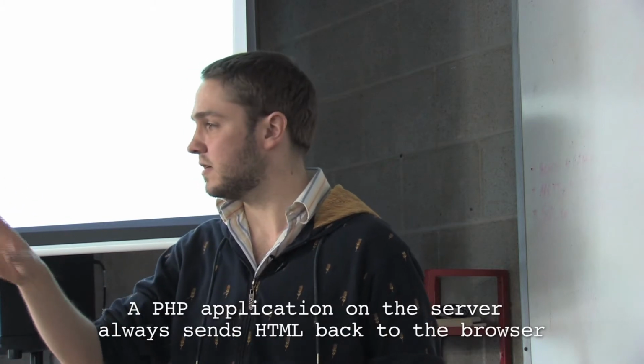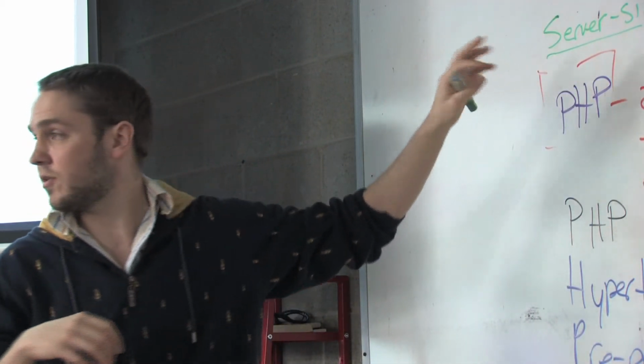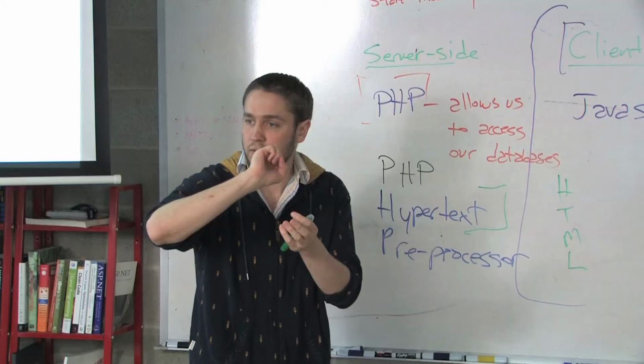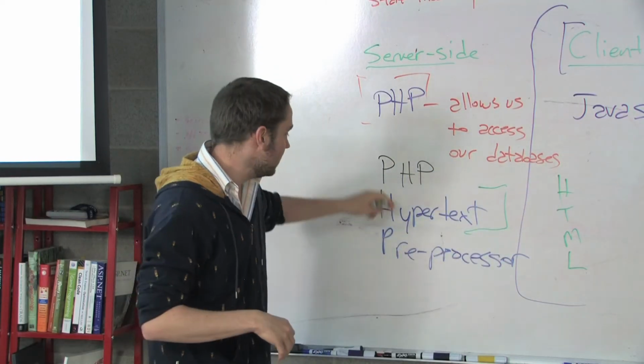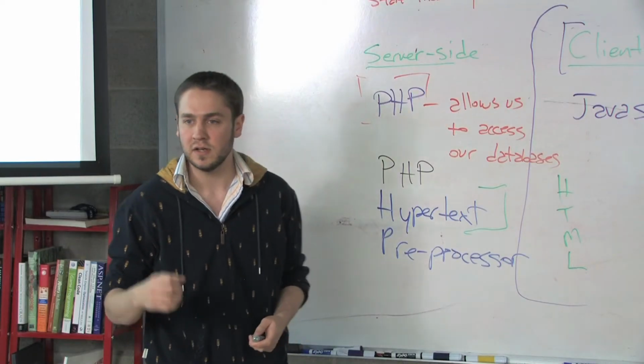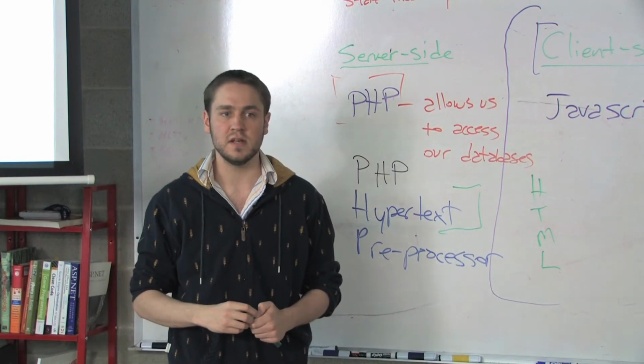Or some related text, so HTML, CSS, JavaScript. It's always sending back our client-side stuff. So it does all the server interactions, but what it sends back, what it outputs to the browser, is the stuff that the browser understands, right? So that PHP hypertext preprocessor, that's probably one of the better ways to really wrap your head around what PHP is and what it's doing.